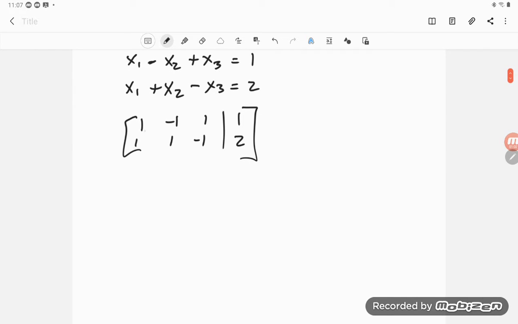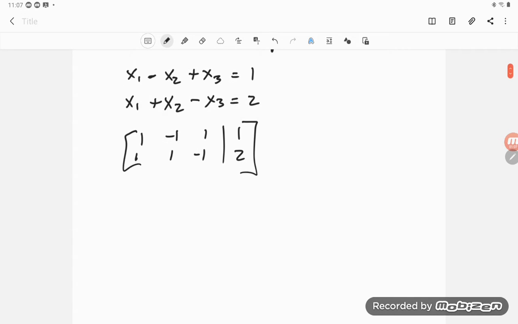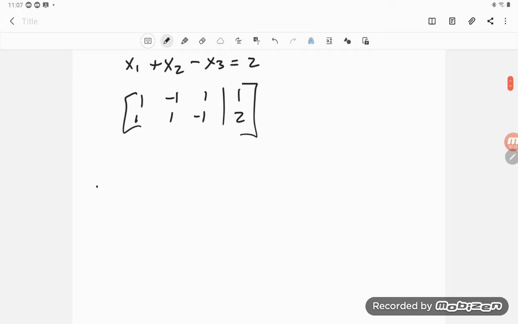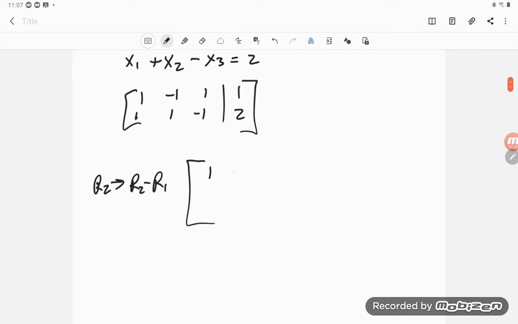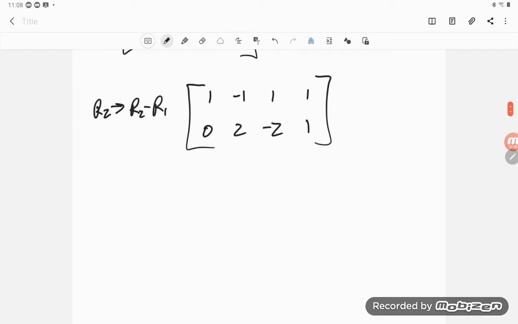And so I want to get rid of that 1 in the bottom left corner. To do that, I can replace row 2 with row 2 minus row 1. And so I have 1, -1, 1, and 1. And then 0, I have 1 plus 1 is 2, -1 minus 1 is -2, and then 2 minus 1 is 1, like that.